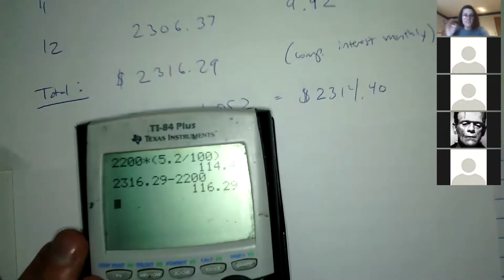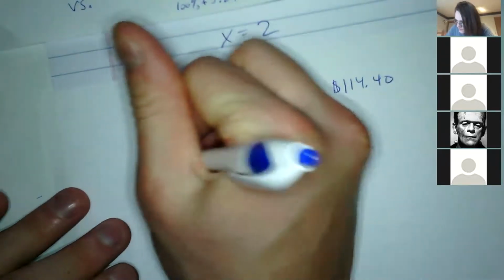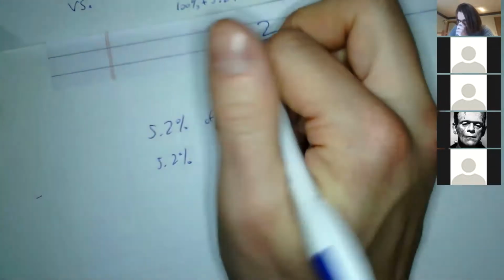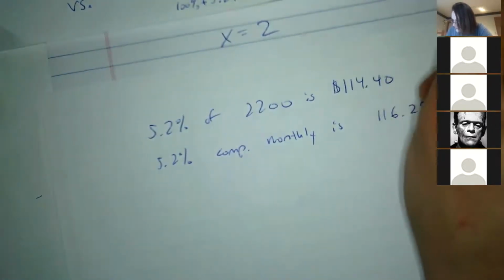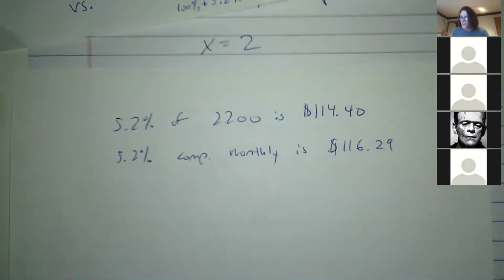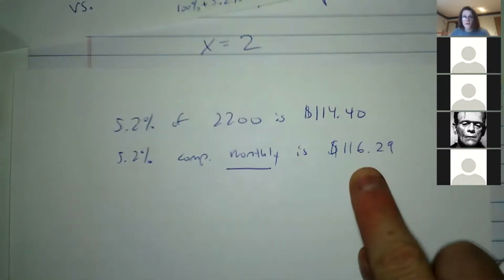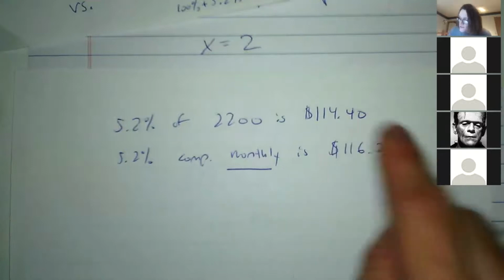All right, so 5.2% compounded monthly is 116.29. Sorry about that. All right, so if we compound it monthly, we get this much money. If we compound it just once by taking 5.2%, we get $114. So there's a difference, right?